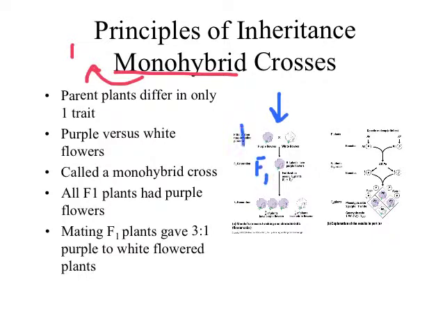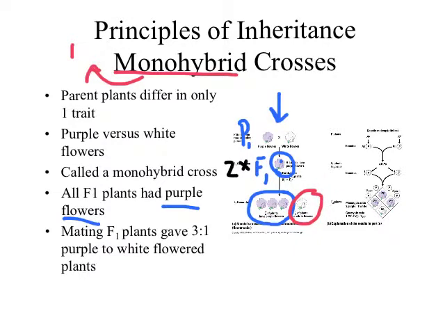All right, so these are the parents. We got an F1 generation of all purple flowers. Nothing but purple flowers right here. Now, if we mated two of these F1s together, then we got 3 purple flowers and 1 white flower.